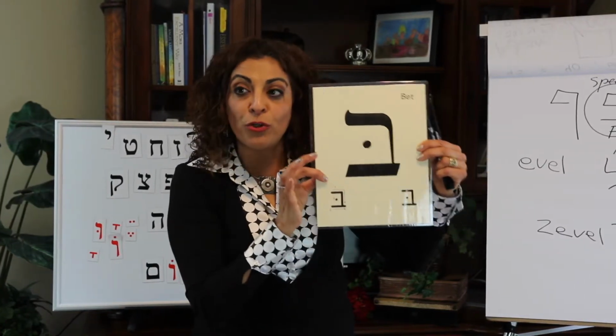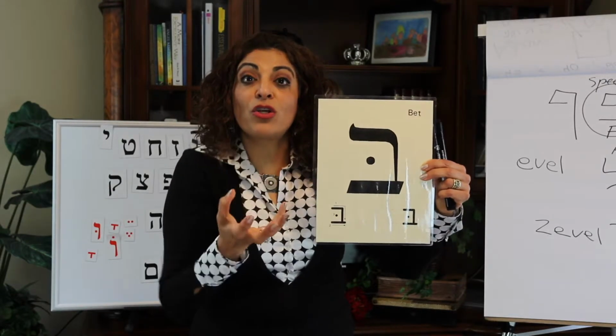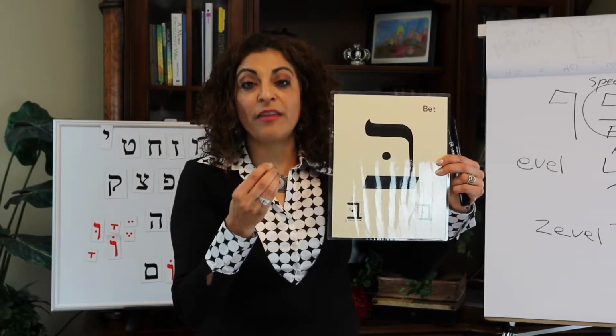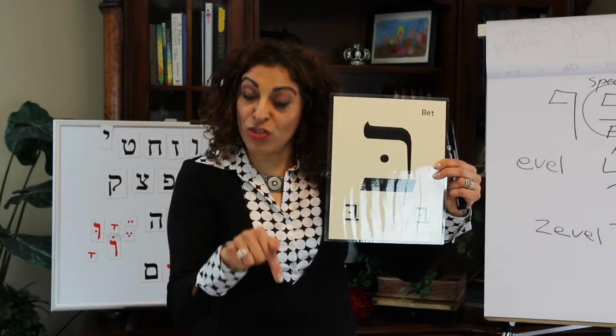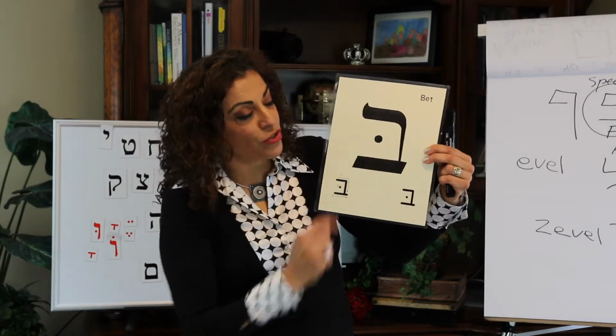But if you take the letter bet, and you say where in the Torah it appears as the first letter of a word on its own right, it's in the word created, bara, which also happened in Genesis 1. Okay? So it stands for a house.